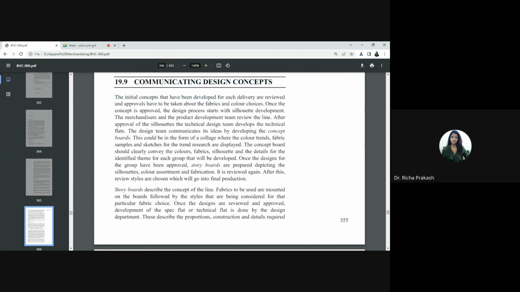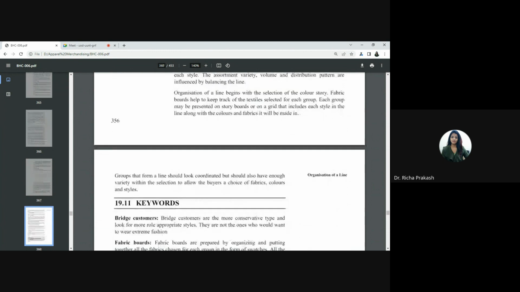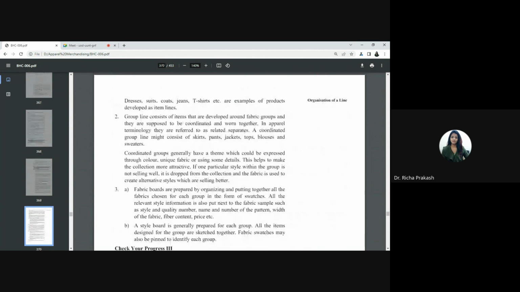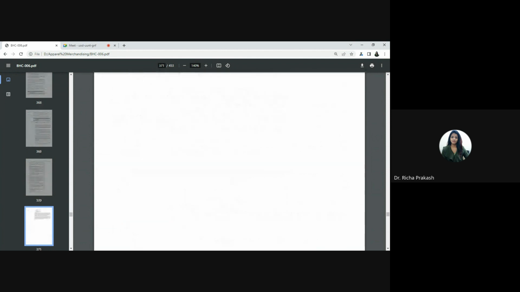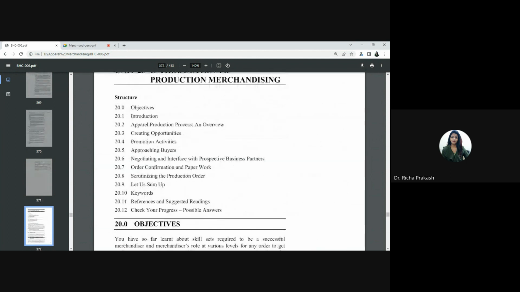Now, communicating design concepts. How do you communicate the design? It doesn't have to be communicated by talking about it. It can be communicated very well in a way that you just design something, and you get an idea, a look of what that garment is saying.